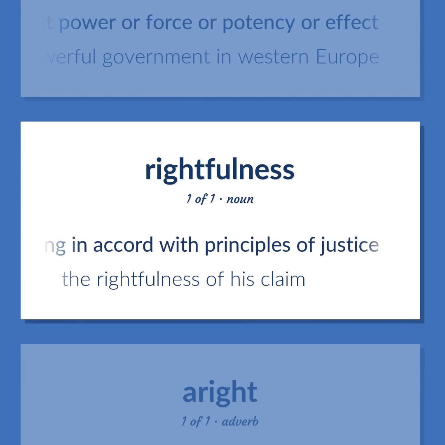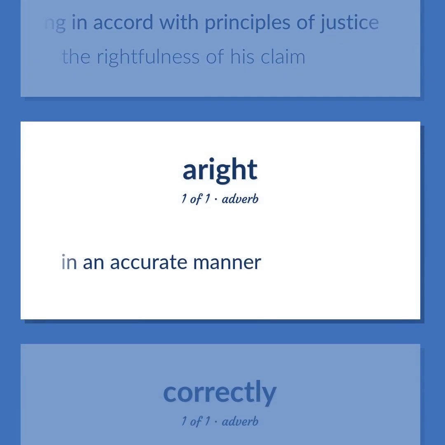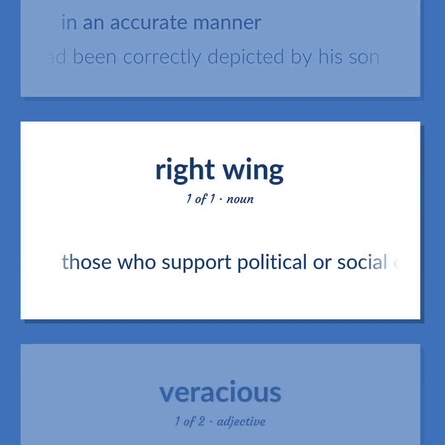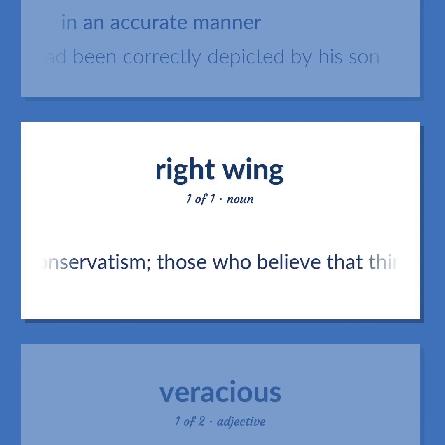The rightfulness of his claim. In an accurate manner. The flower had been correctly depicted by his son. Those who support political or social or economic conservatism. Those who believe that things are better left unchanged.